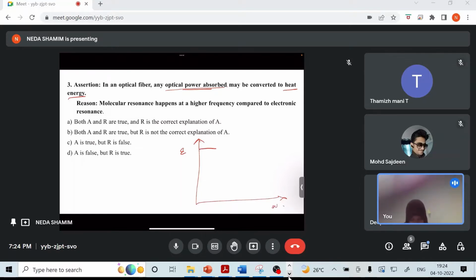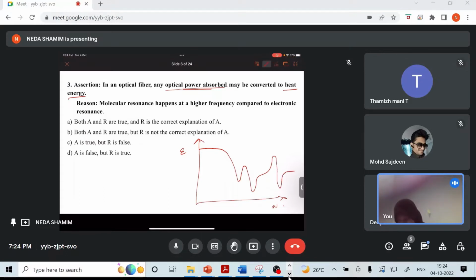We see the graph goes something like this. Let me choose a different color. So this is omega, this is infrared, and this is UV, ultraviolet.